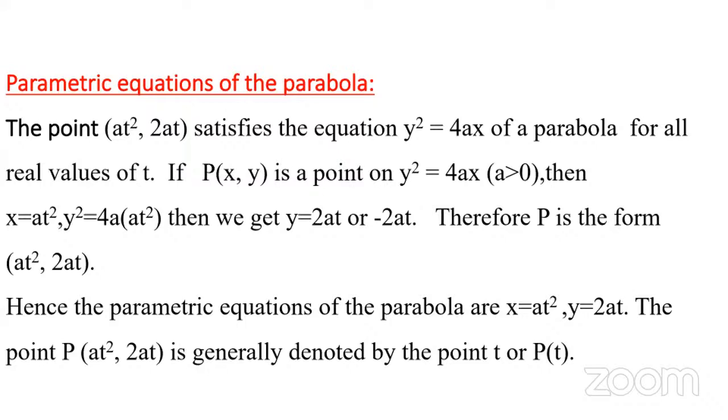Therefore P is of the form at square comma plus or minus 2at. In the first quadrant it will be plus 2at, and in the fourth quadrant it will be minus 2at. Hence the parametric equations of the parabola are x equal to at square, y equal to 2at, and the point (at square, 2at) is generally denoted by P of t.